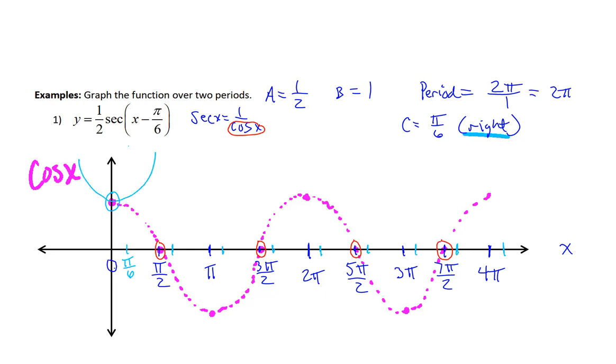It had a kind of branch that opens upward or downward. So if I were to graph this function as is, it would have a minimum wherever cosine had a maximum, or it would have a maximum wherever cosine had a minimum. And you can kind of see this relationship between secant and cosine. Everything's just inverted.